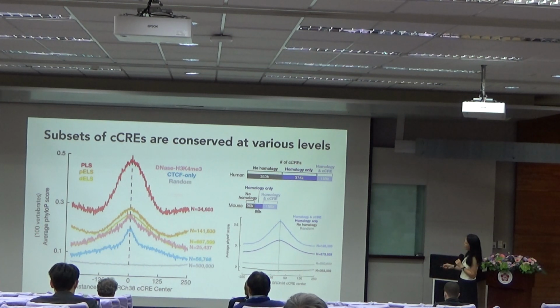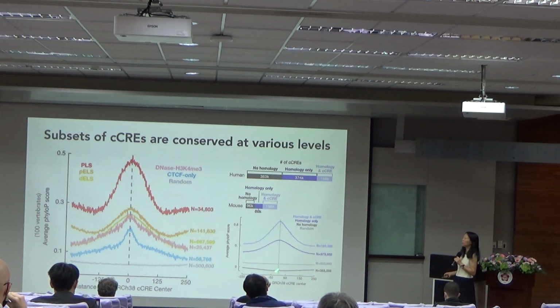Here we're using a phyloP score, which is a well-known score that you can use to indicate evolutionary conservation across multiple species. As I said, it's 100 vertebrates. And these different types of cCREs show different levels of evolutionary conservation, and we compared between human and mouse.